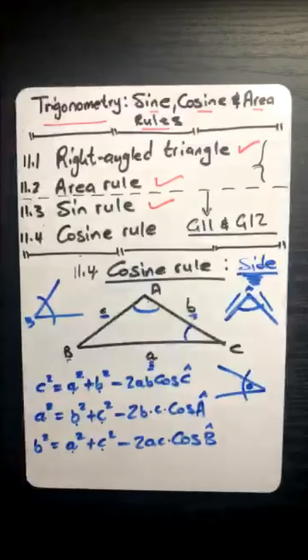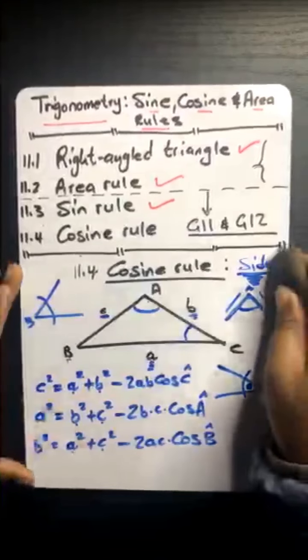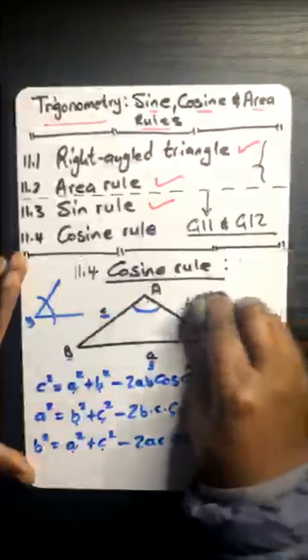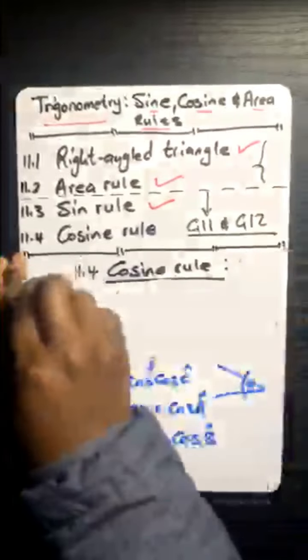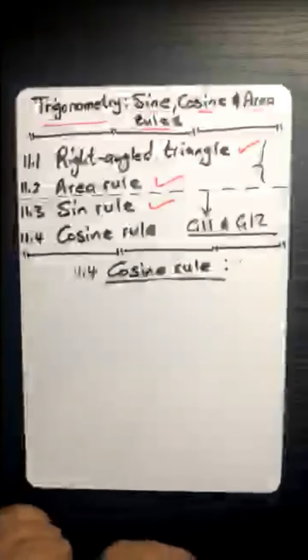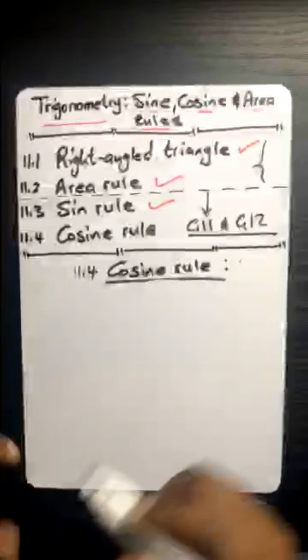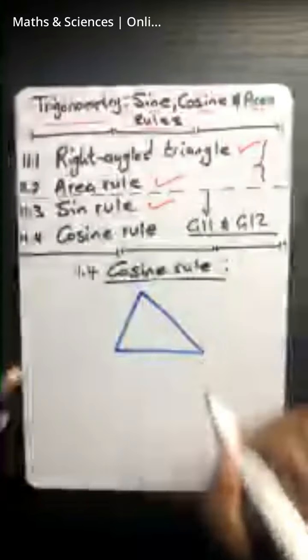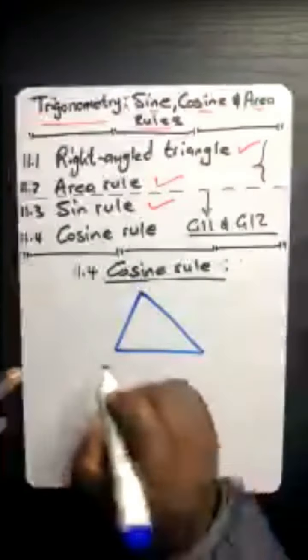So what I'm going to do quickly is give you an example, which I'm going to do for you today. Let's say we have a triangle similar to that.